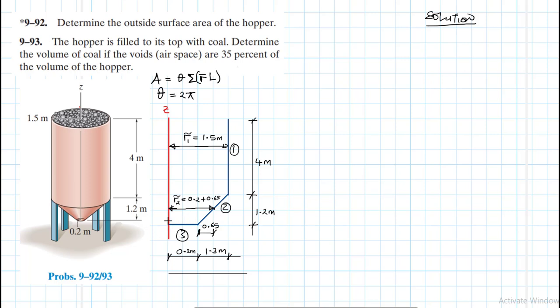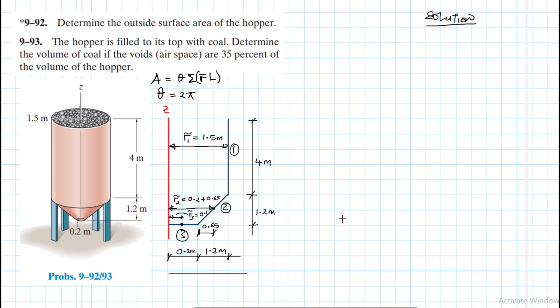And then the last but not the least, this one here, r bar 3. What is this one? It goes halfway up to this point here, the centroid location. Of course, r bar 3 is equal to 0.1. Is that fine?